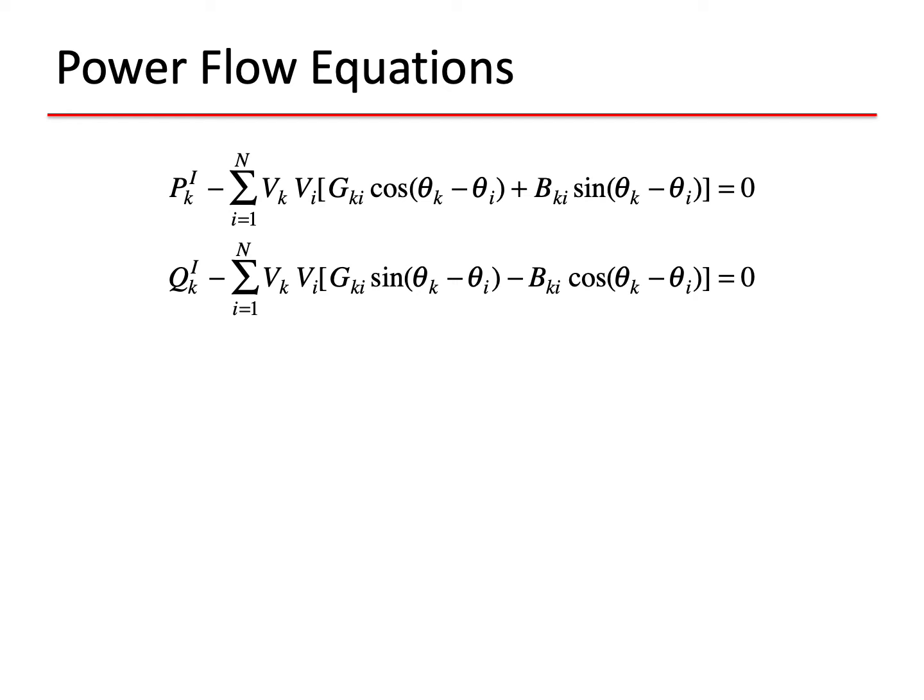And we express that by the sum from i equals 1 to n of Vk, the magnitude of the voltage at bus K, Vi, the magnitude of voltage at all the other buses i, times the sum of Gki cosine (theta k minus theta i), which is the real part of the admittance between buses K and i, theta k being the voltage angle at bus K, theta i being the voltage angle at bus i, plus Bki, which is the imaginary part of the admittance of the line between buses K and i, times the sine of this angle difference, theta k minus theta i.